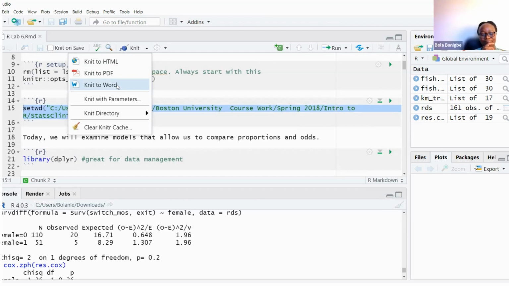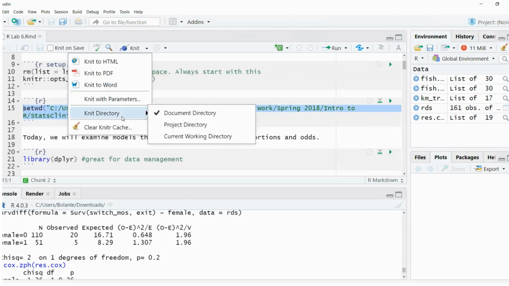Can I change this directory? Yeah. Mine is also at the Documents directory. Try knitting it to the current working directory. Okay.